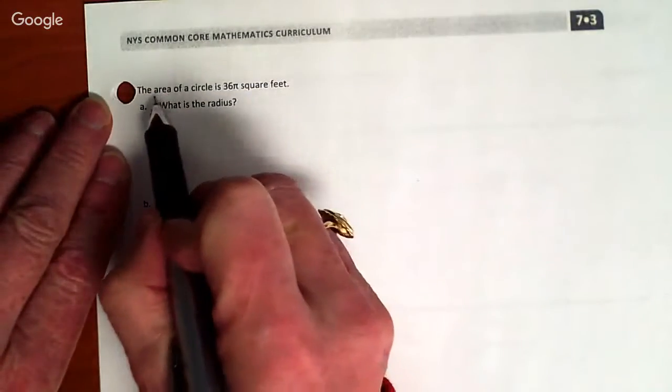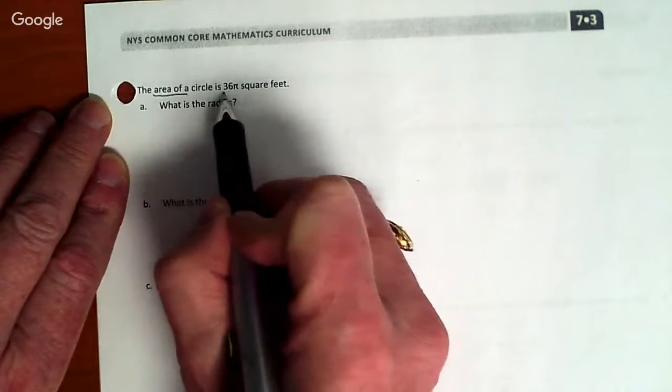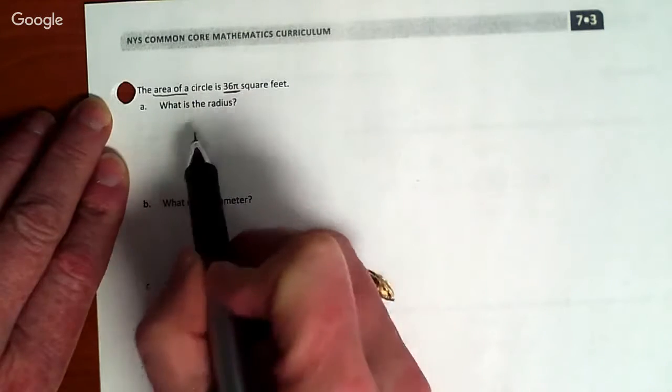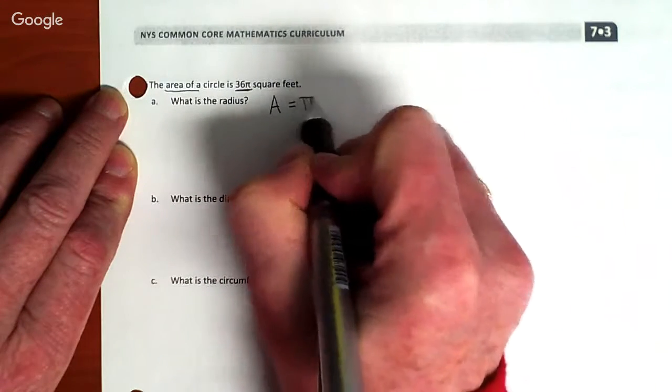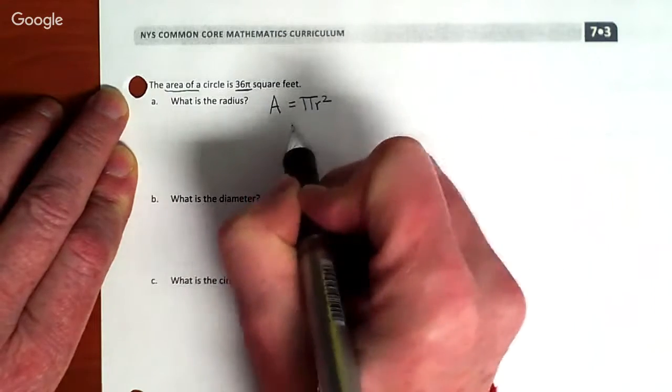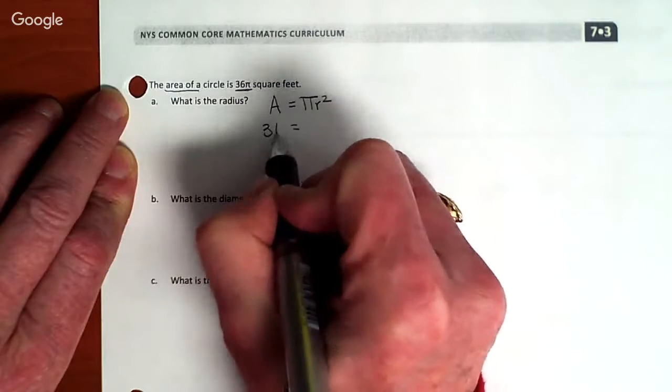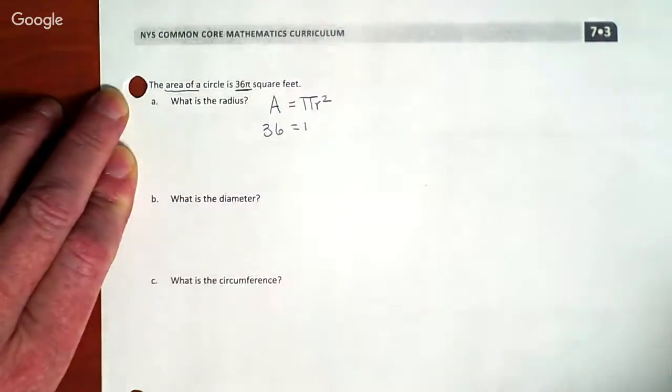The next question, and our last one for this lesson, there are only 3, is if the area of a circle is 36 pi. So A says, what is the radius? So we're going to find the radius first. So the area is pi r squared. Replace the area with 36 pi.